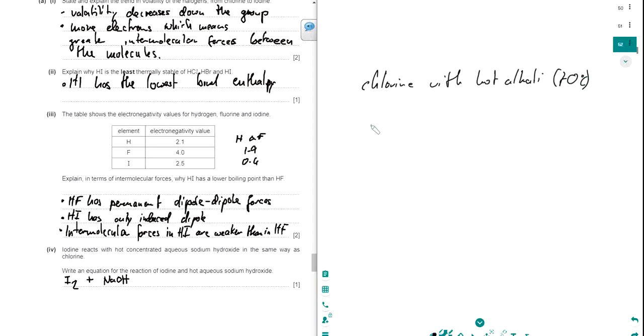And when chlorine reacts with hot sodium hydroxide, we get sodium chloride and we get NaClO3 and water.